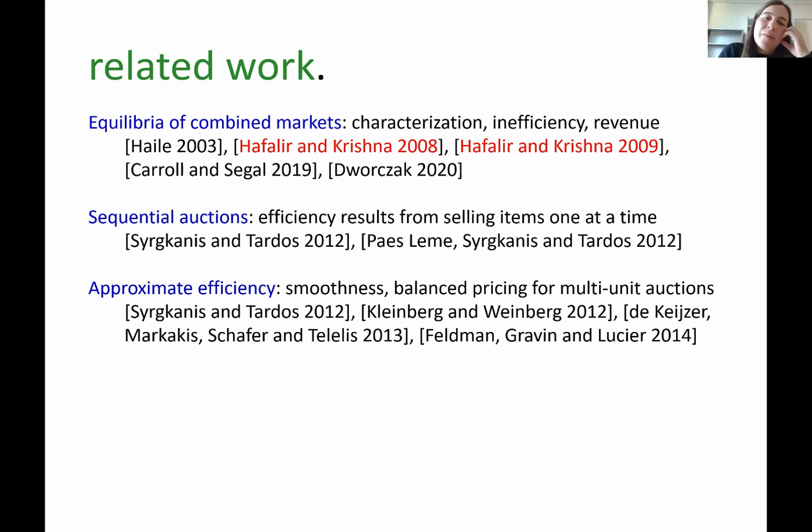I'd like to emphasize that these two papers required a lot of assumptions about the form of the secondary market and the information structure of what happens between the primary and secondary market. This is because in order to derive their results, they needed to characterize exactly the equilibria of this game itself. This kind of equilibrium characterization can be very challenging.